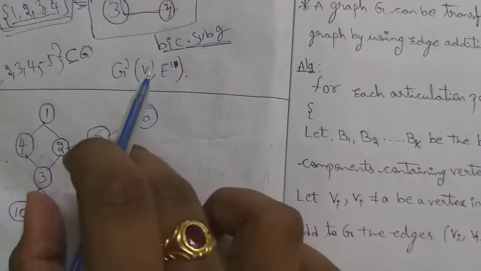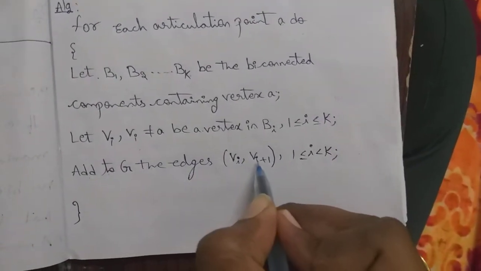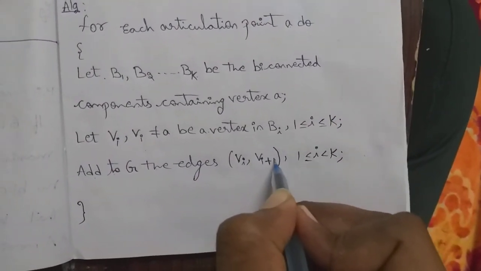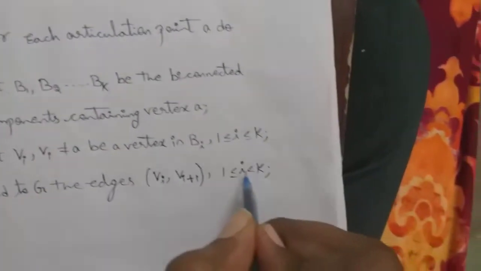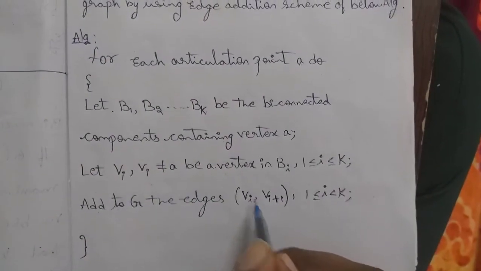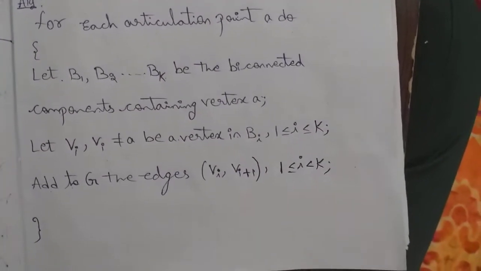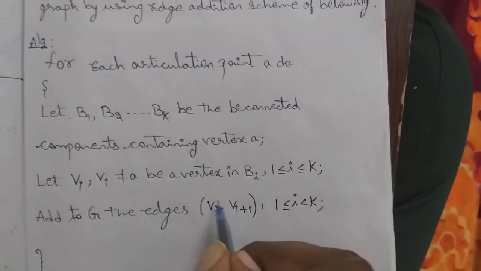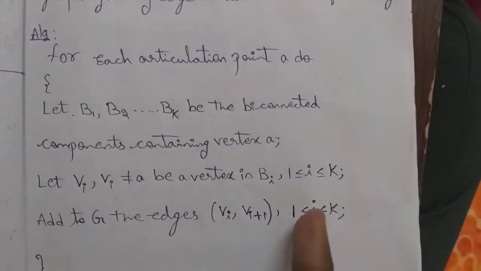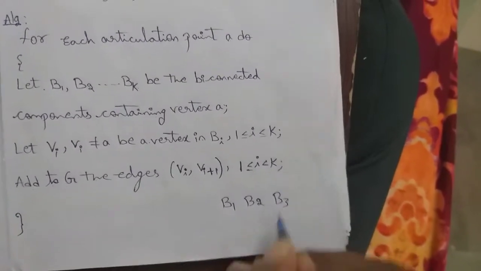the edges Vi comma Vi plus 1, where i is greater than or equal to 1 and less than k. First of all, I consider i as 1. Here i represents the biconnected components B1, B2 and B3.